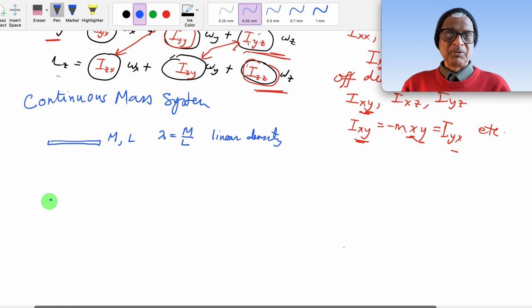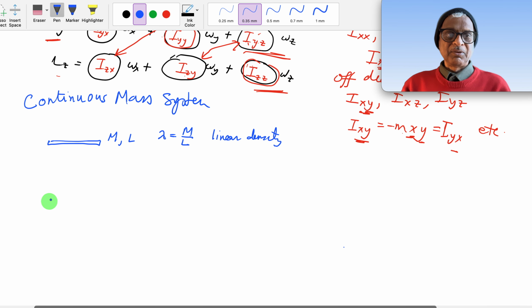Okay, so this cancels out one of the L's, and this cancels out, so we make it this, so 1 over 12 m L square. So this is Ixx. So if it's rotated about that axis, the moment of inertia will be that.